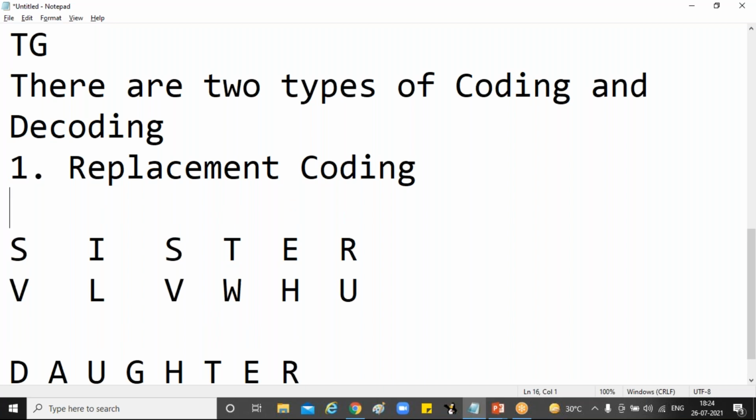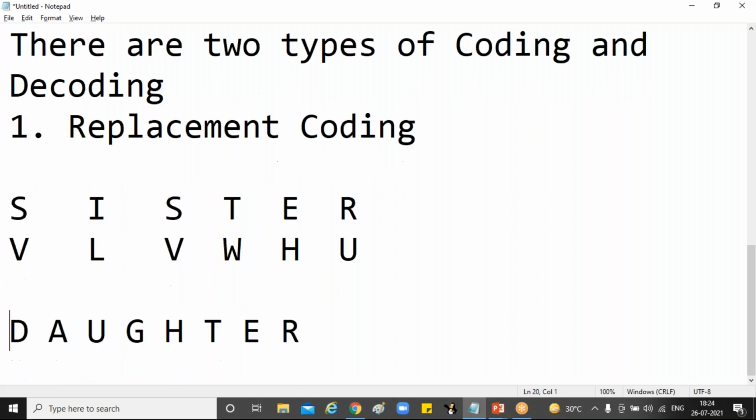Sometimes the logic is whatever logics we found previously in number series and letter series. The same logics are also applicable here. The series logic is plus 1, plus 2, plus 3, or plus 1, plus 1, plus 1, or minus 1, plus 2, minus 3, plus 4. So you have to identify which logic it follows. Hope all of you understood.